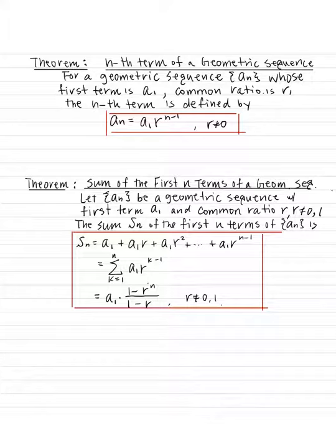The sum, with notation big S sub n, of the first n terms of sequence a sub n is defined by S sub n equals the sum, k going from 1 to n, of a sub 1 times r to the k minus 1. In fact, that's going to add up to the first term times 1 minus the common ratio to the nth power, divided by 1 minus the common ratio. Do not panic, we're going to do some examples next.